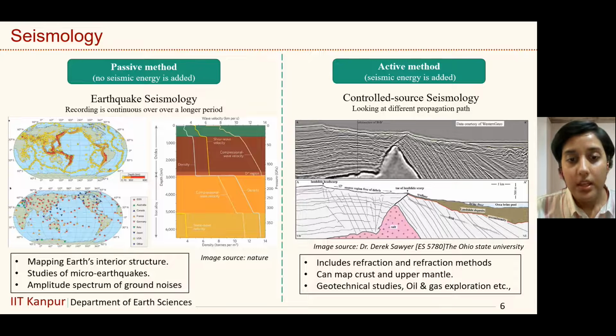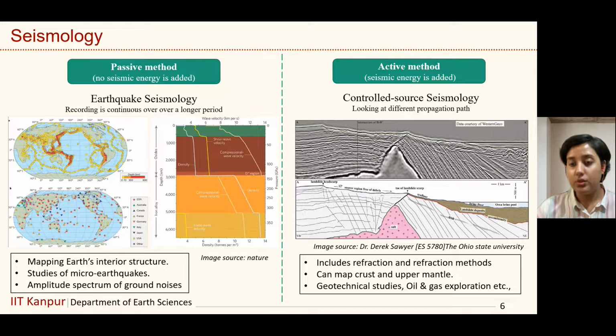Okay, so what's the application of controlled source seismology? It includes two types of methods: reflection and, sorry for this mistake, it should be refraction and reflection. It also helps us to map the crust and the upper mantle.